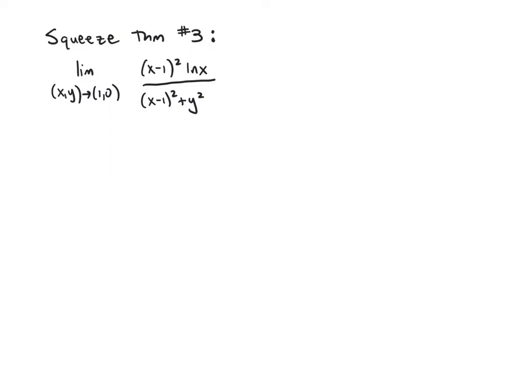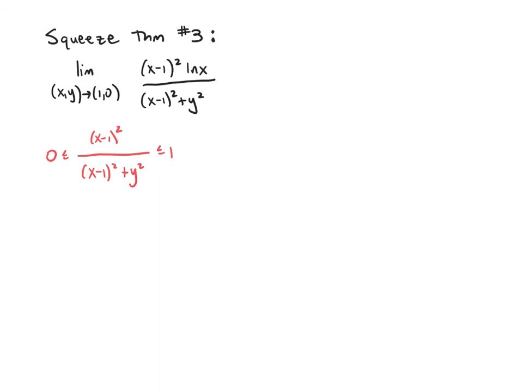And again, keep in mind, if we were to put in x is 1 and y is 0 in this particular one, we would get 0 in the numerator, 0 in the denominator. So this is indeterminate, and so we would want to take some sort of approach. In this case, we're going to do the squeeze theorem. So we have x minus 1 squared divided by the quantity x minus 1 squared plus y squared, and that is between 0 and 1.